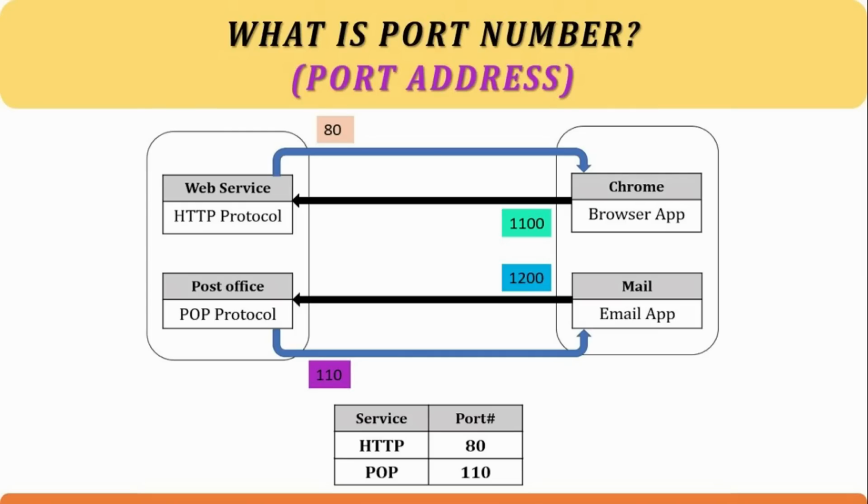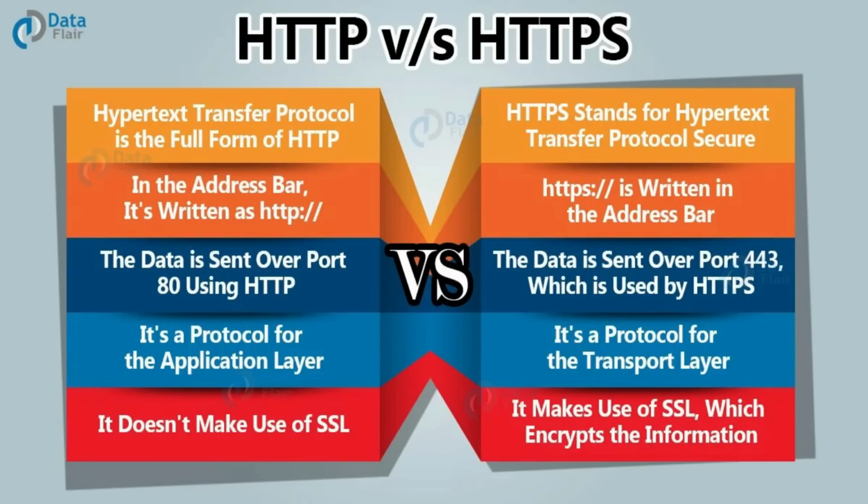Registered ports are 1024 to 49,151. These ports are assigned to specified applications by organizations and are used for various services. The last type is dynamic and private ports, 49,152 to 65,535. These ports are used for temporary connections and can be used by any process.